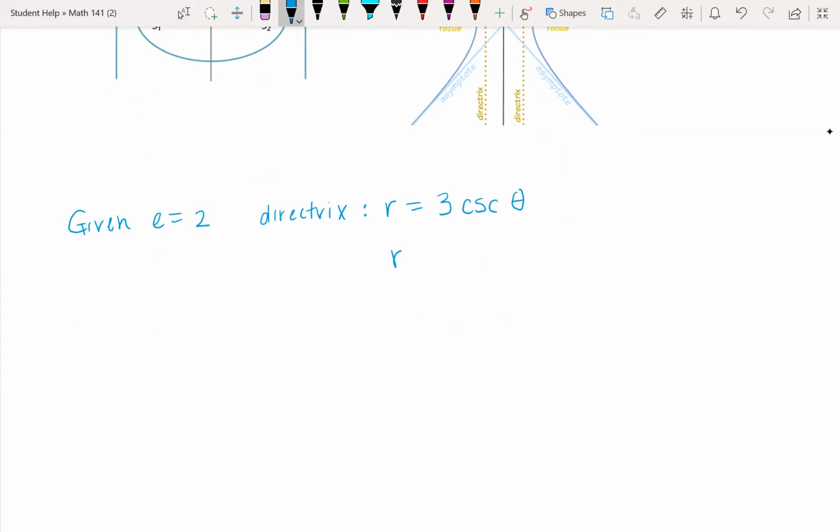So let's rewrite this as 3 over sine theta. Now this is the same as r sine theta is equal to 3, multiplying both sides by sine theta. And we know that this is the same as y. So y is equal to 3.